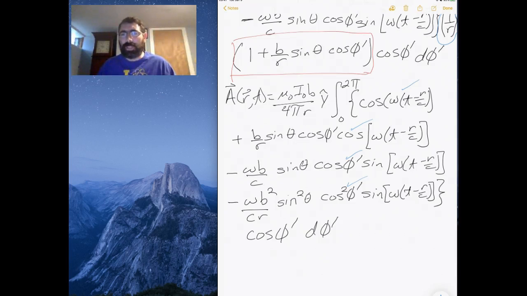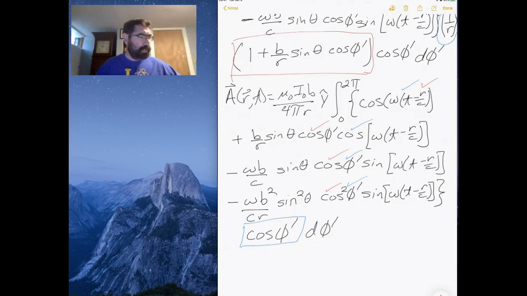And don't forget, I'm multiplying each of those terms by a cosine phi prime. Some of these aren't going to be too bad. I'll change colors now to red. I'll have a cosine phi for this term, cosine phi squared for this term, and then a cosine cubed for that term. So I have to take the integral of a cosine, cosine squared, and cosine cubed.